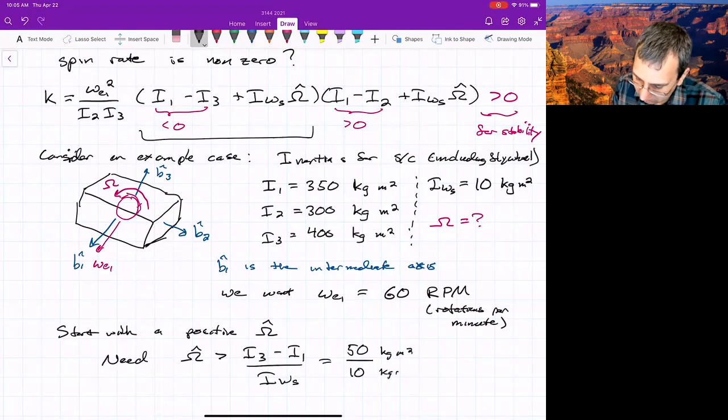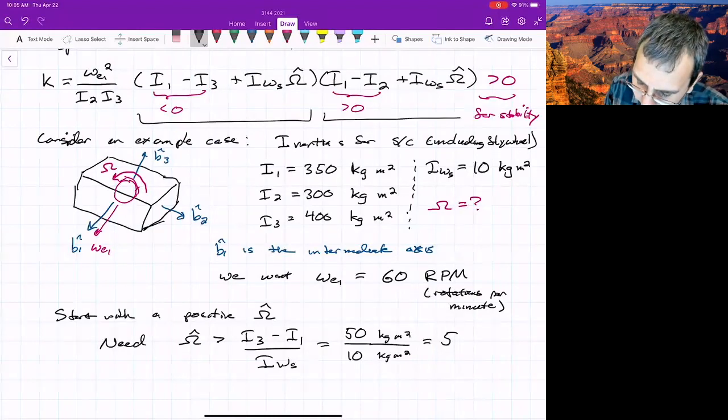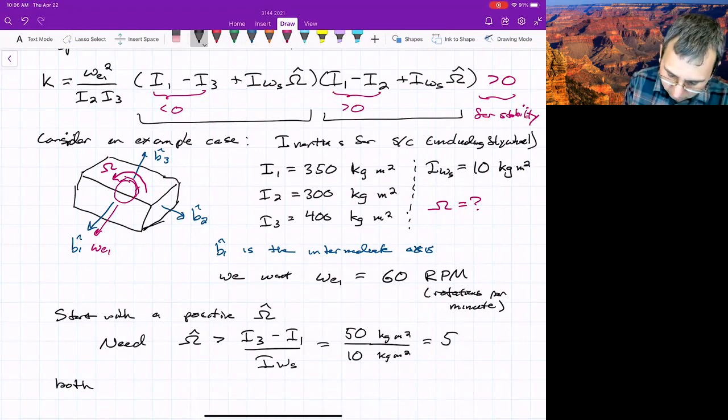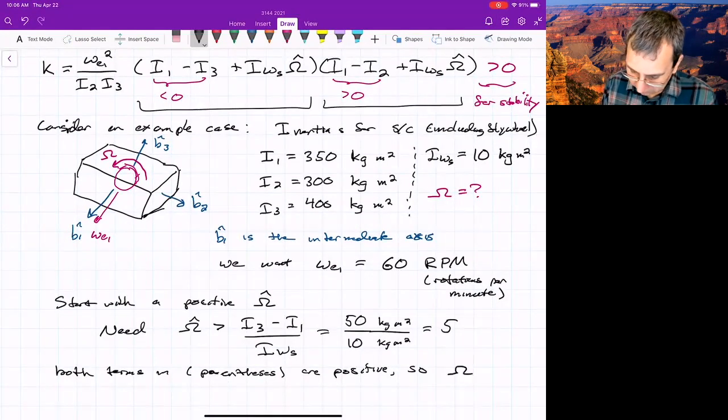All right, those units cancel out. I get my non-dimensional number. This is 5. So that'll satisfy the first one. The second one, because I1 minus I2 is already positive, that will also be positive. So both terms in the parentheses are positive. So that's one condition: omega hat greater than 5, that works.